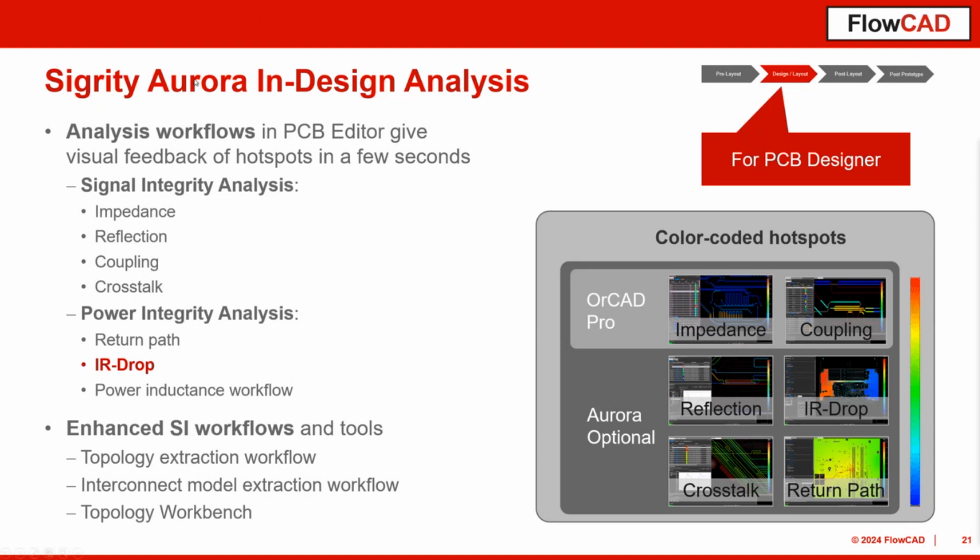In Aurora, we have a couple of different signal integrity and power integrity analysis tools, but in this webinar, we only look into the IR drop analysis. Just want to mention that in OrCAD Professional or OrCAD X Professional, the impedance and coupling scan are already implemented. You do not need any additional licenses for this, but all others require the Aurora license.